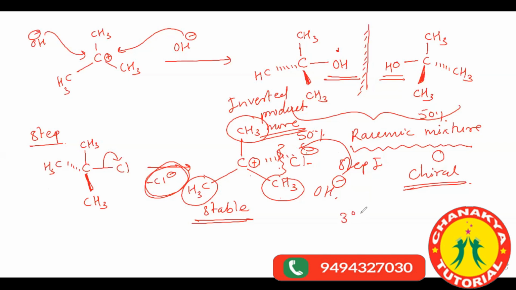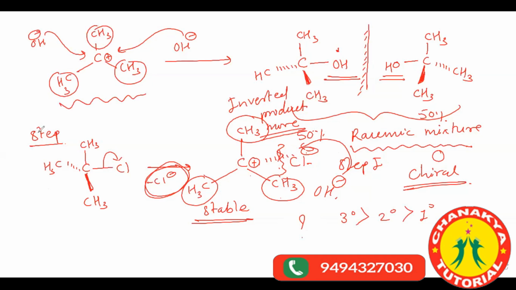And what have we learned? Tertiary alkyl halide reacts faster as compared to secondary, and secondary reacts faster as compared to primary. Why is this so? Due to stability of the carbocation, either by inductive effect or by resonating effect of the substituent present on the alkyl halide.